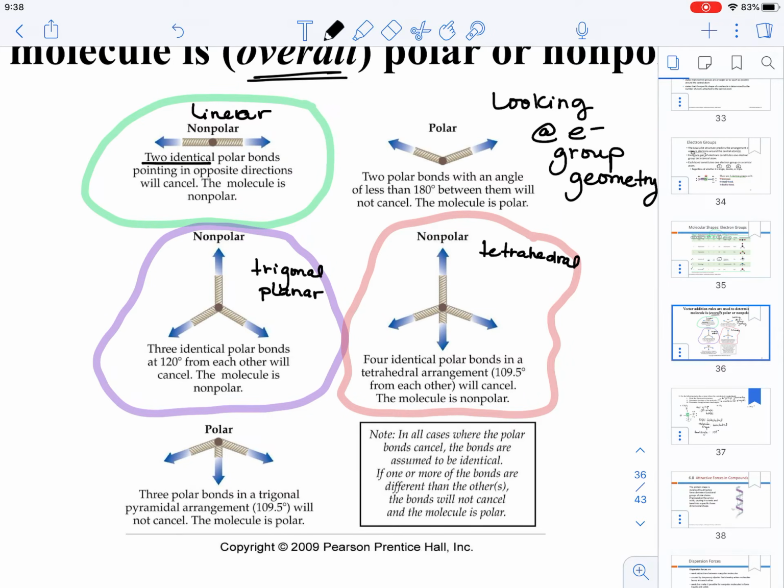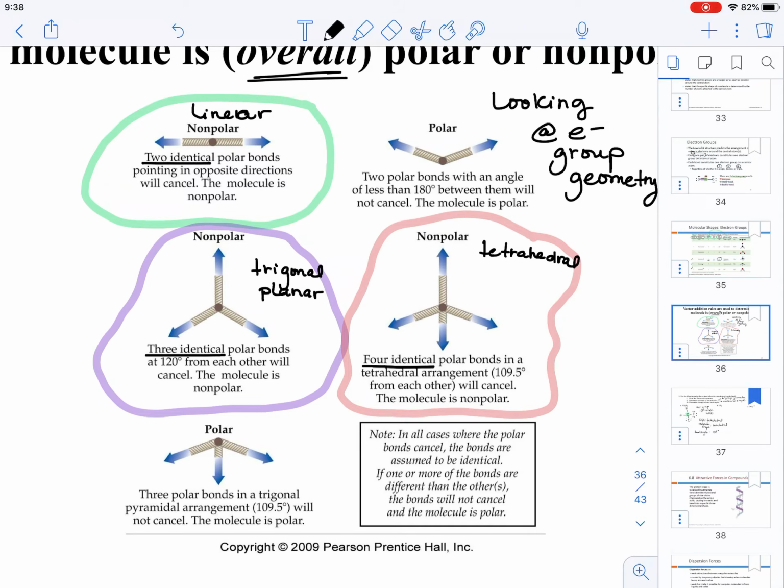So, the one in purple is what makes something that is trigonal planar nonpolar, which means 3 identical groups will make a trigonal planar molecule nonpolar. Now, if we look specifically at a tetrahedral molecule, we need 4 identical groups in order to make it nonpolar.